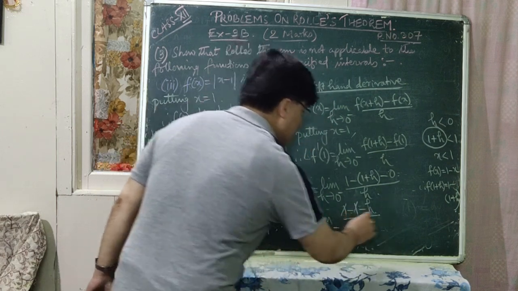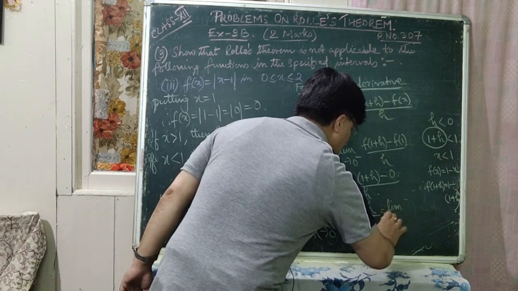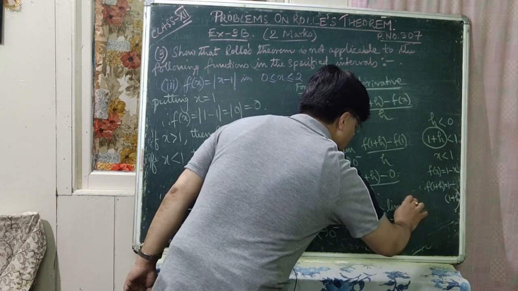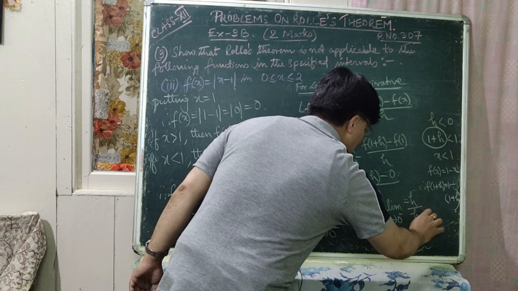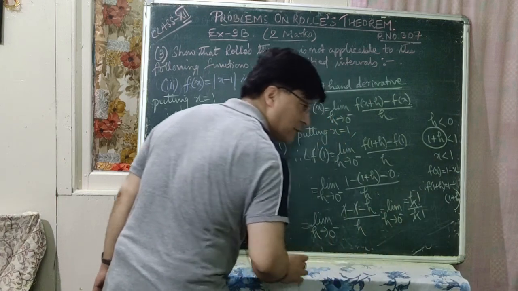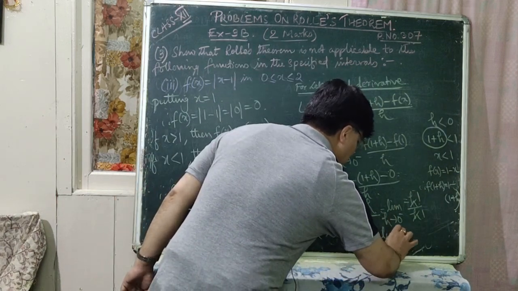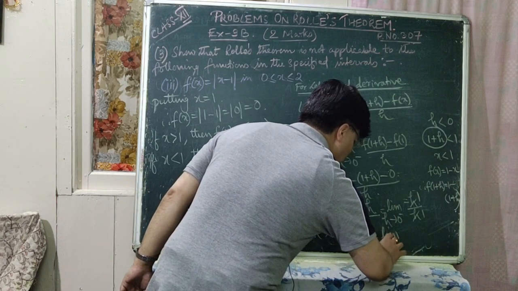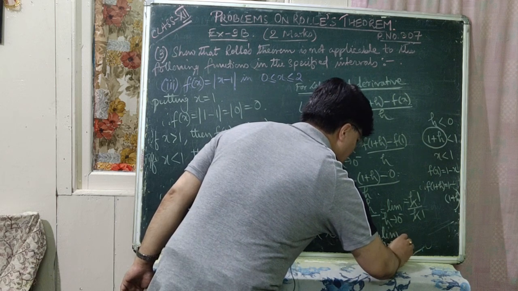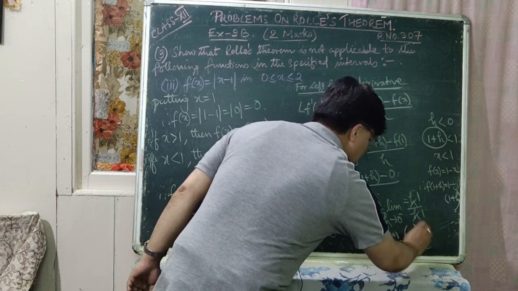Here 1 gets cancelled, which is equal to limit h tends to 0 minus, minus h divided by h. h gets cancelled, which is equal to limit h tends to 0 minus, minus 1.